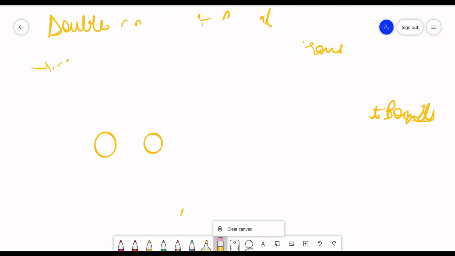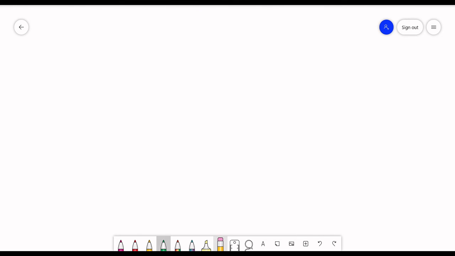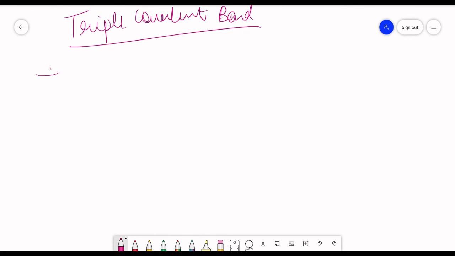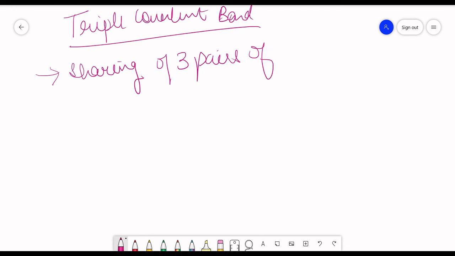A triple covalent bond is formed by sharing of three pairs of electrons, right?